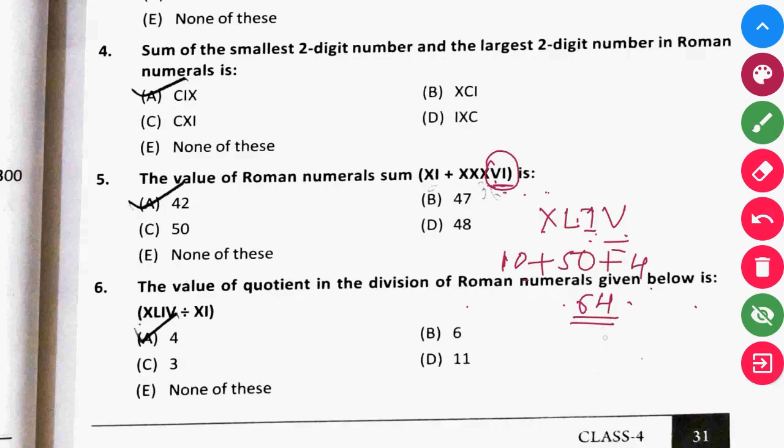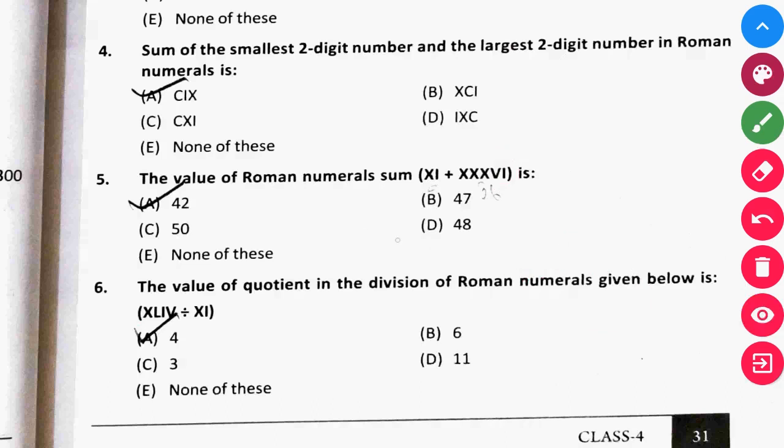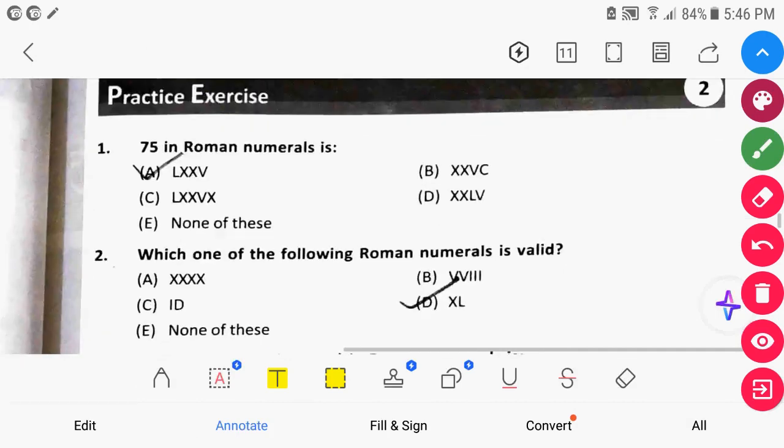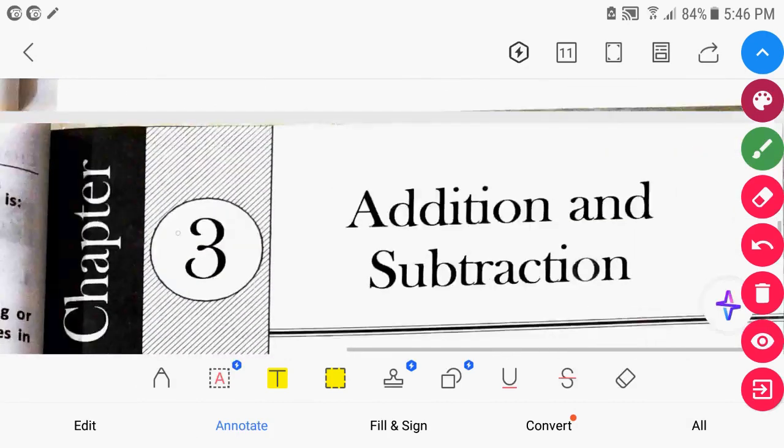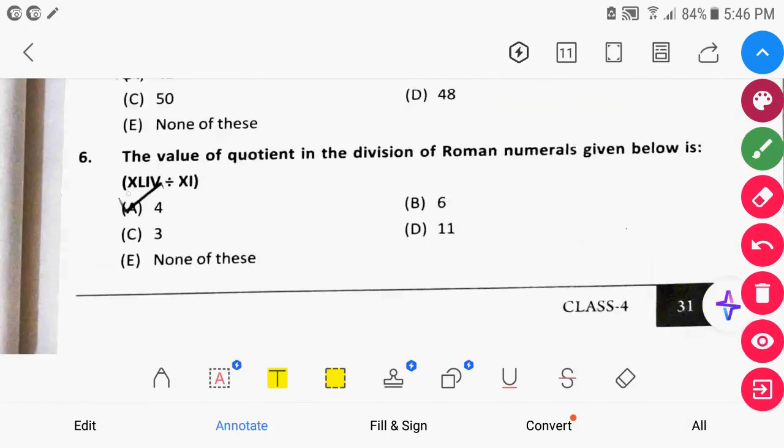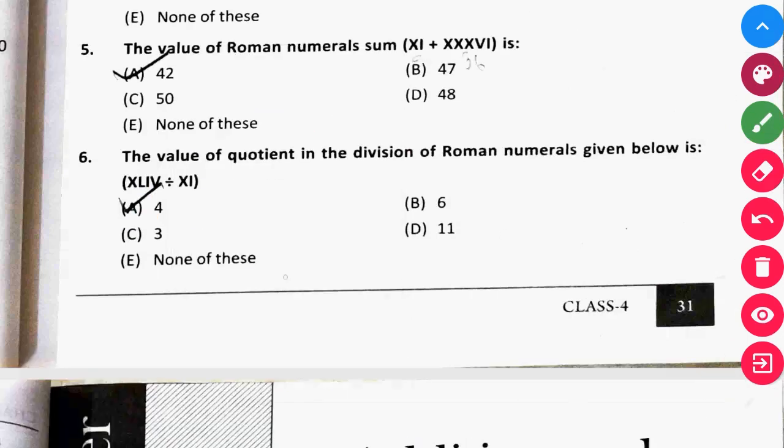Okay. L means 50, right? Yes, L means 50. 50 plus 10, 60. 60 plus 4, 64.